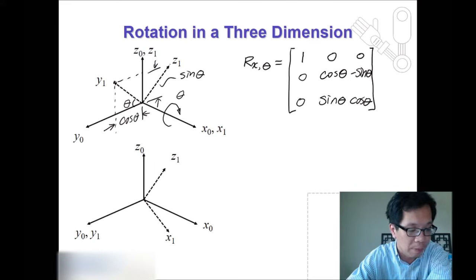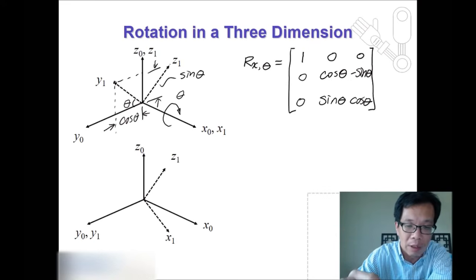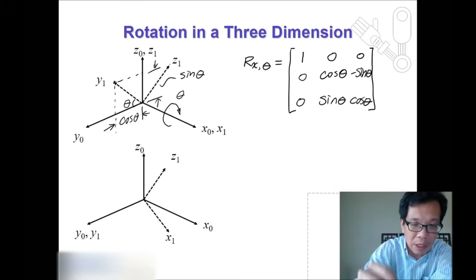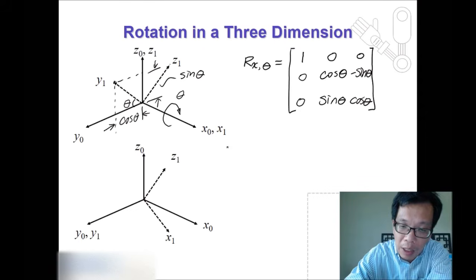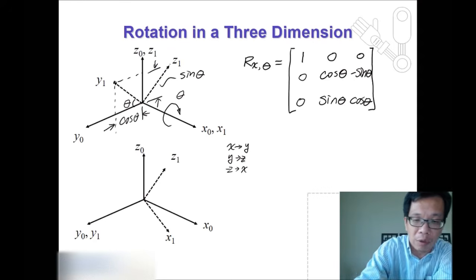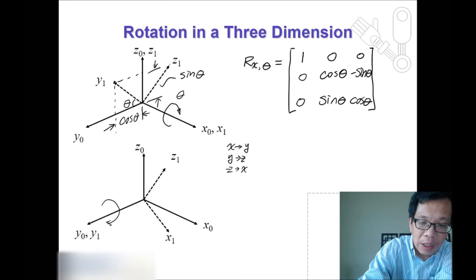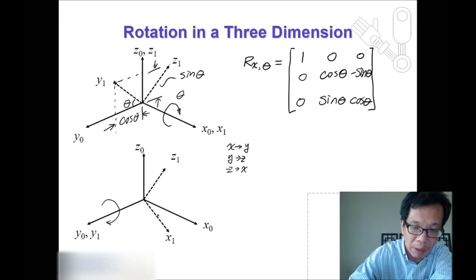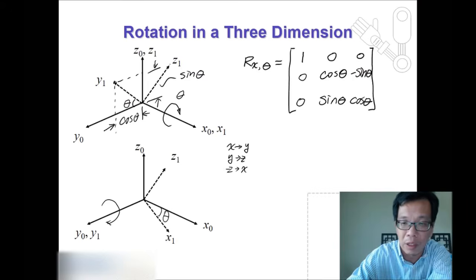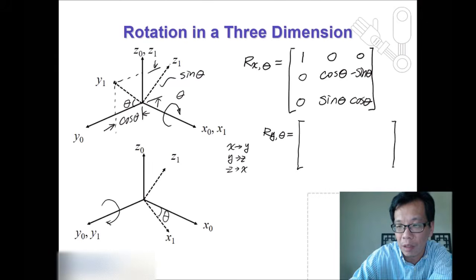Now, let's talk about if we rotate about y-axis. Keep in mind we are dealing with x to y, y to z, z to x. So the rotating is going to be like this. And we're talking about theta over here. So Ry theta is going to be something like this.